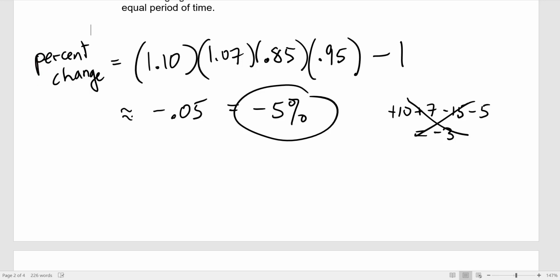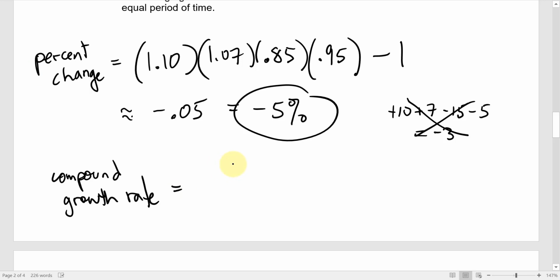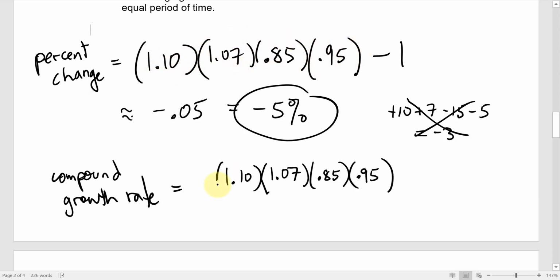So let's do compound growth rate, and we could just take this amount as the future amount, and then you have to be careful when you type this in the calculator, because this whole thing has to be multiplied together, then raised to a power 1 over n, in this case 4, because we have 4 equal periods of time. And to get that compound growth rate, it's minus 1 to see what the growth rate is compared to 100%.